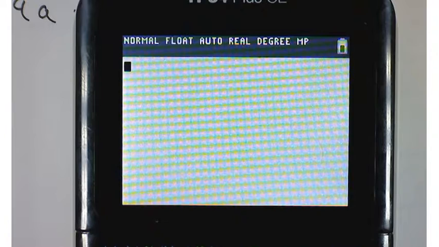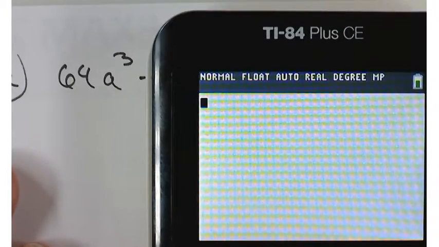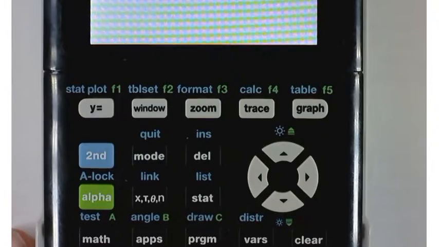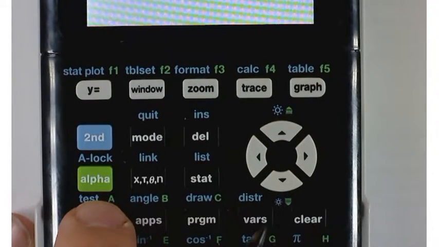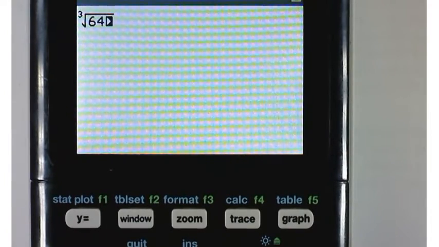Either way, it's nice to have the first 10 perfect cubes around. I'm not going to give you anything bigger than that. But if you're looking at something going, I just don't know these things, what could you cube to get that? One way to answer that question is with the cube root. To remind you, to find the cube root, at least on the graphing calculator, you do the math key, and then the fourth option down allows you to do the cube root.